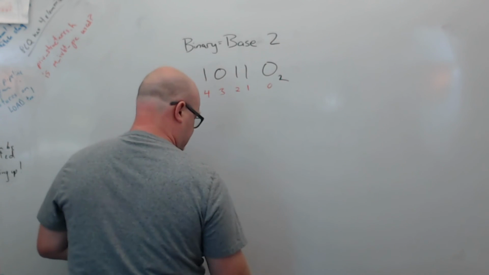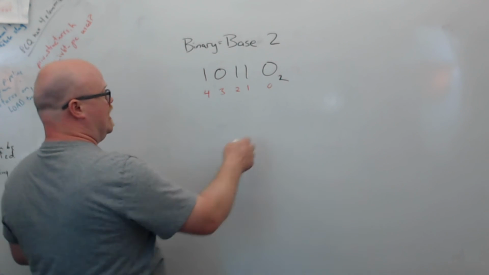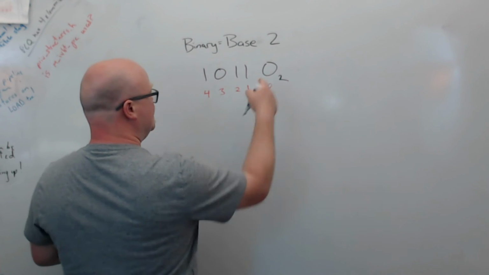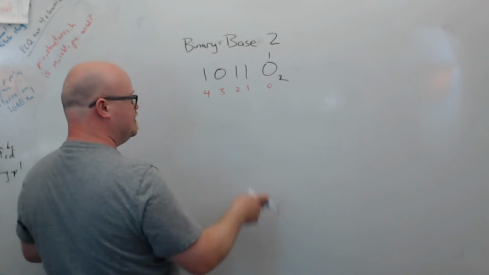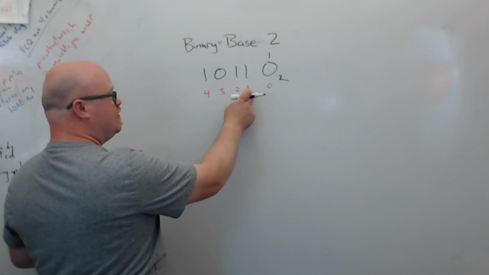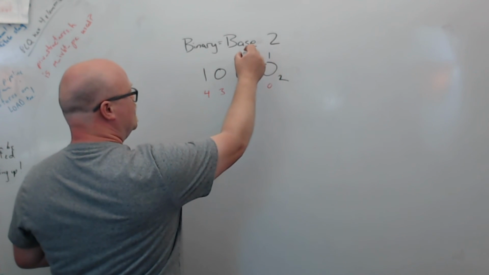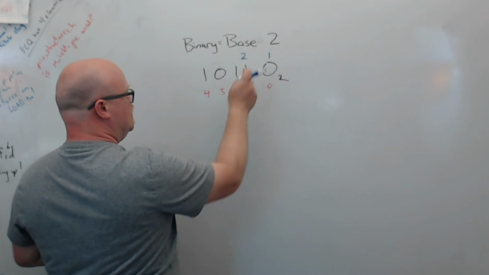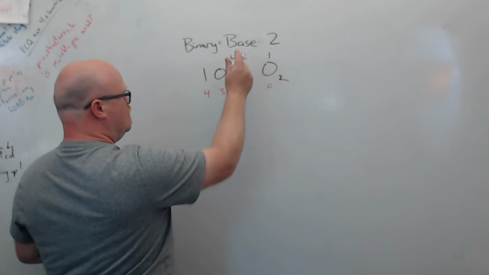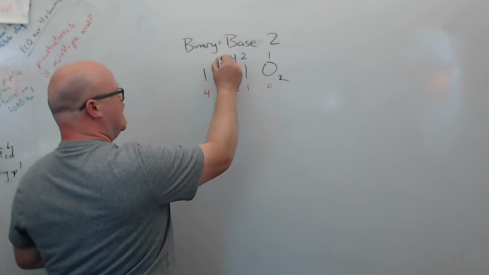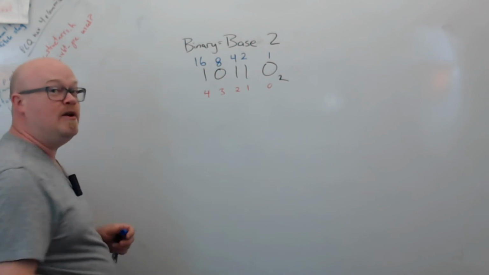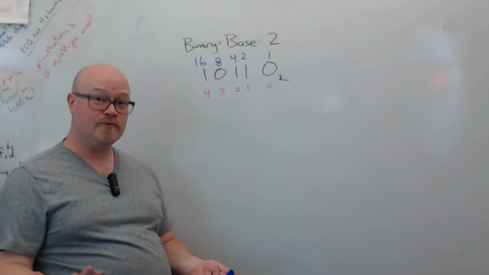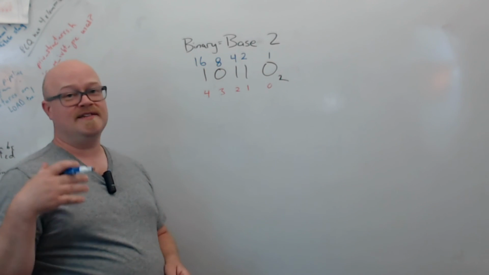And just for kicks, that means we're going to have 2 to the 0th power here, so this position is going to be worth 1 multiplied by its coefficient. This position will be 2 to the 1st power, and so that's going to be 2. 2 to the 2nd power is 4, 2 to the 3rd power is 8, and 2 to the 4th power is 16.